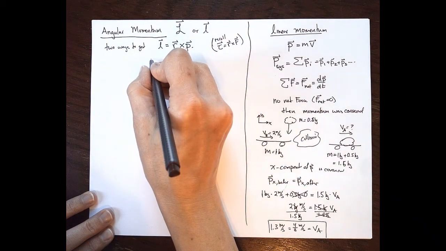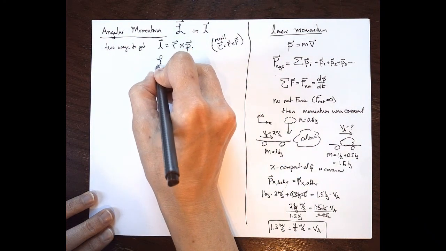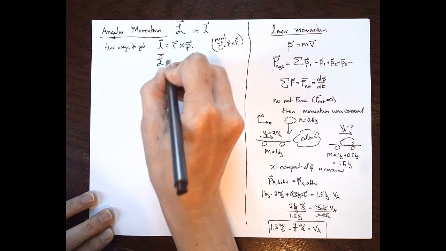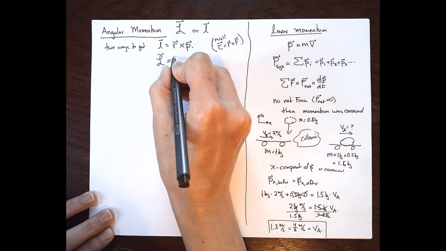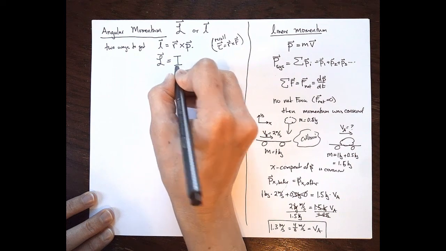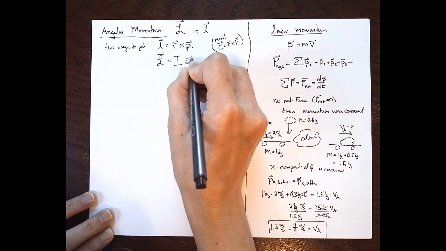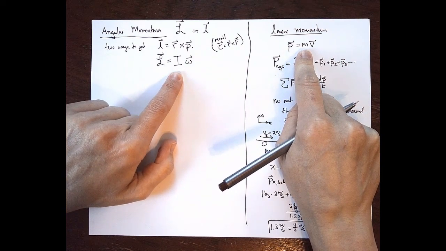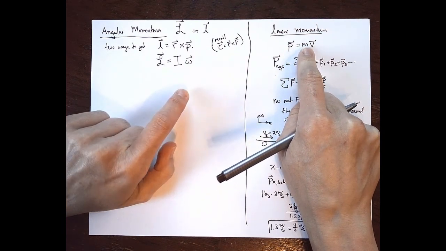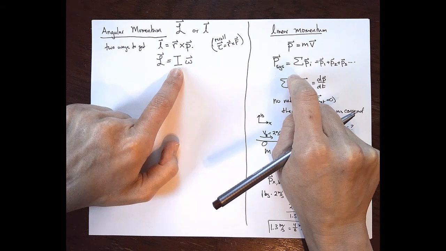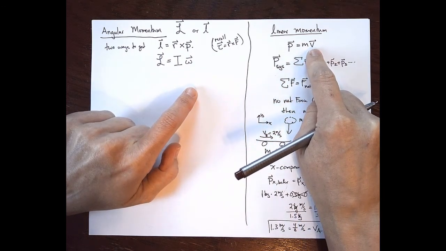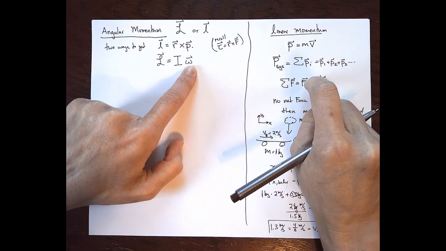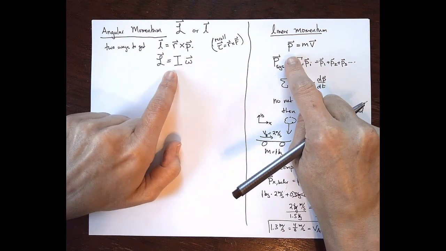But we can also get the angular momentum, and here I'll use the big uppercase L, by multiplying the moment of inertia times the angular velocity. And that's really similar to our linear momentum definition. It's the inertia term, mass in linear, moment of inertia in angular, velocity in linear, and angular velocity when you're in angular world. So similar things.